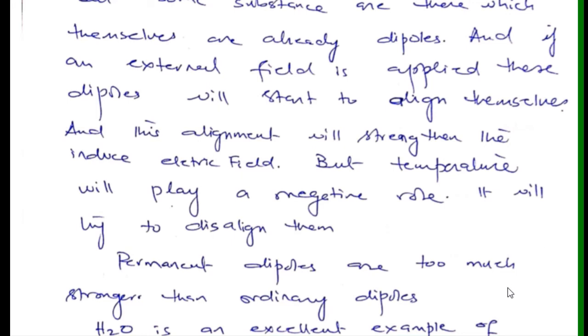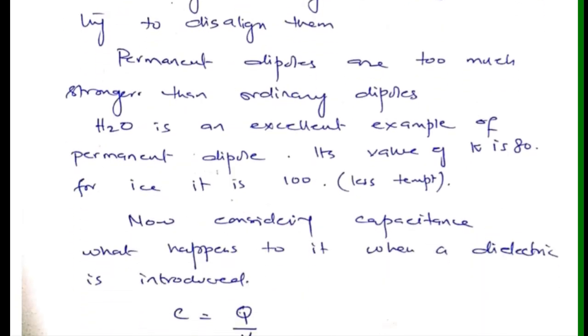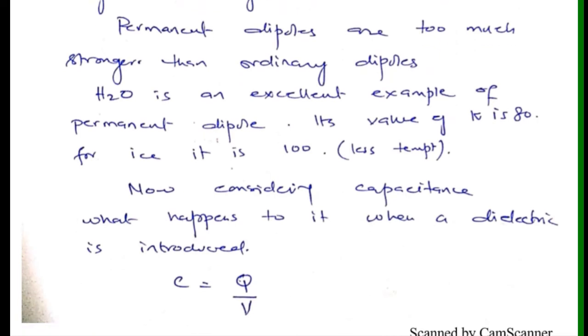There are some materials, as I have already told you, that are permanent dipoles and are much stronger than the ordinary dipoles. Water is a permanent dipole molecule. The value of kappa of water is 80, and when it is in the form of ice, it is 100.